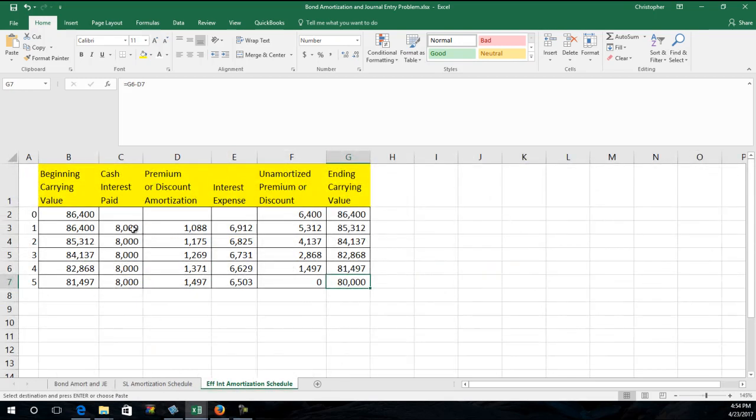The effective interest method, the cash interest paid is going to be $8,000 every year, but we have to pull a new premium or discount amortization and new interest expense for every year. So let's see, 8,000, 1,088, 6,912.